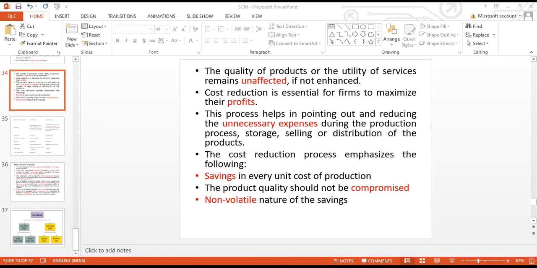Again, see here, we were not focusing on external parameters, and that we have studied and taken into consideration in strategic cost management. In traditional costing, we looked at what the objectives are, what the organization's goals are, what the strategies are, what the internal activities and operations are, and focusing on those we used cost reduction and cost management techniques, where we have not looked towards the external parameters.